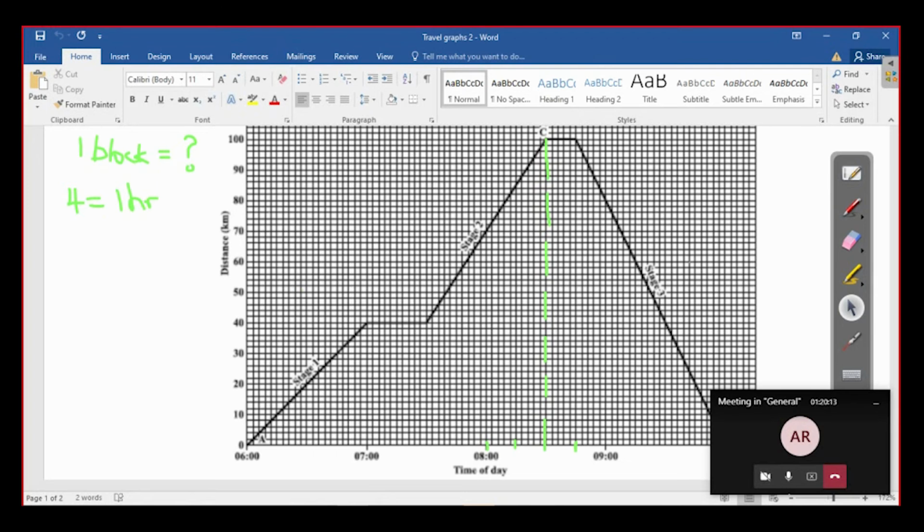Okay, so the answer: the unit blocks represent 15 minutes. So if this is 15 minutes, this means over here is 8:15, and then over here would be 8:30. So the time we arrive at town C is 8:30 a.m.